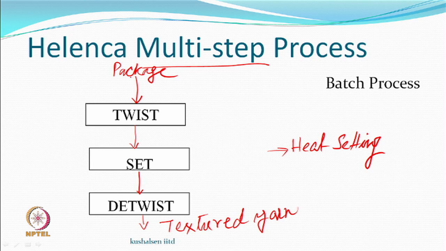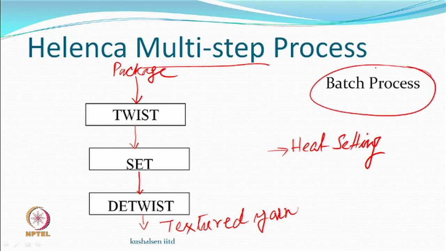So, you have a package, then you go somewhere and do the twisting, and then go somewhere, maybe in an autoclave, because you have to keep them for setting, and then go to another machine for detwisting, and therefore, it becomes a batch process.